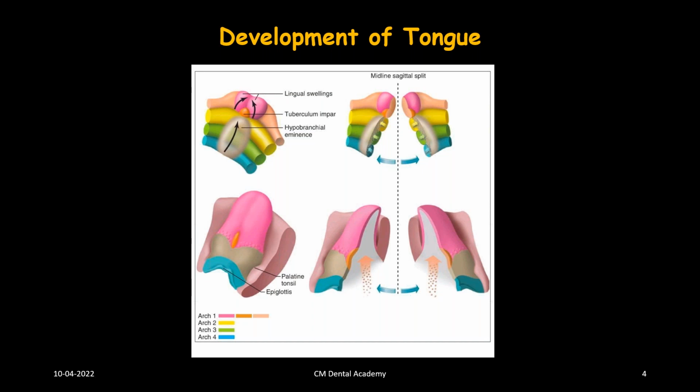The lateral lingual swellings quickly enlarge and merge with each other and the tuberculum impar to form a large mass from which the mucous membrane of the anterior two-thirds of the tongue is formed.